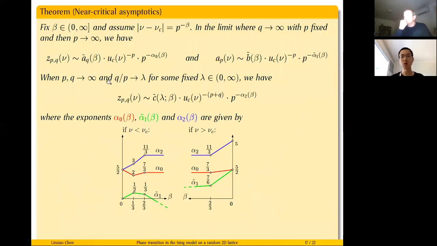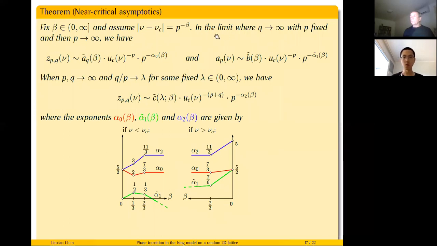In the next result, we look into the so-called near critical regime, where we relate the coupling constant to the perimeter of the system, or roughly to the size of the system. In this manner, it is a polynomial function with an exponent beta.